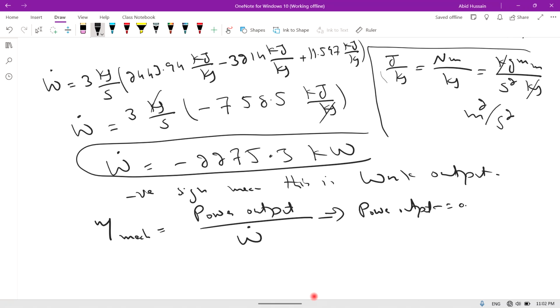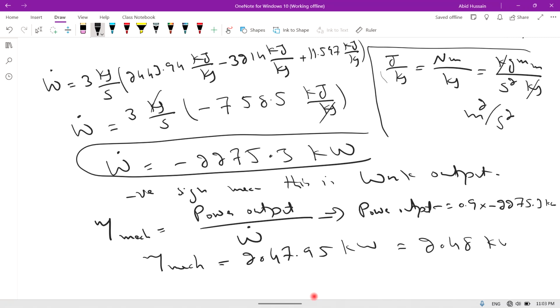So mechanical efficiency is 0.9 and W dot is minus 2275.5 kilowatt. So the power output is equal to 2047.95 kilowatt, and if we round this it will be equal to 2048 kilowatt. This is power output. Negative sign means that this is power output.